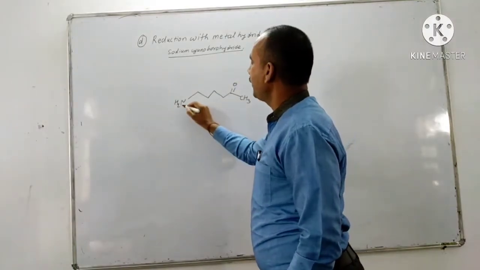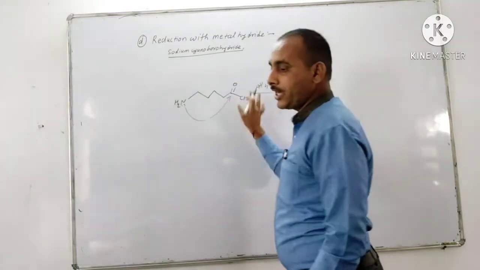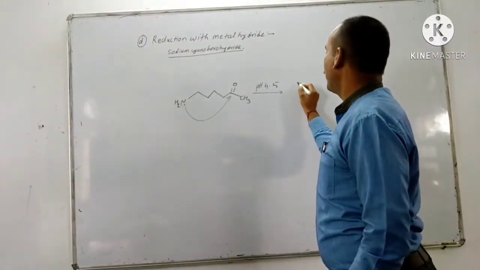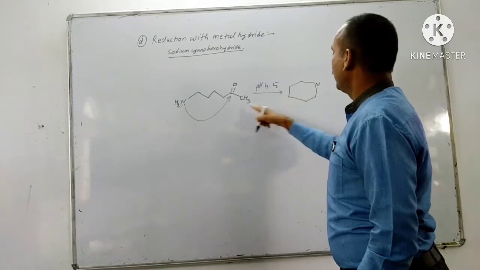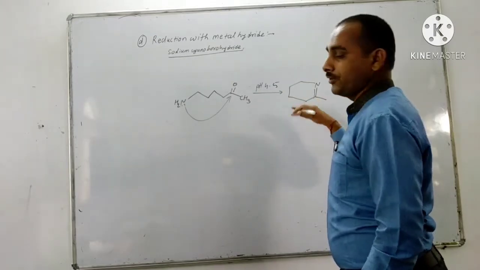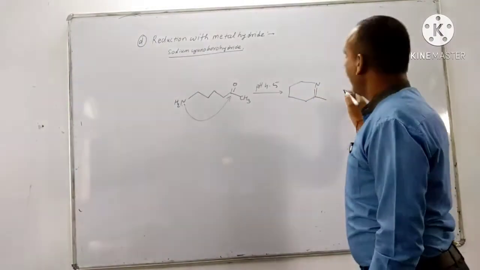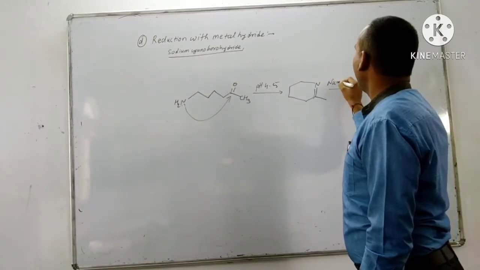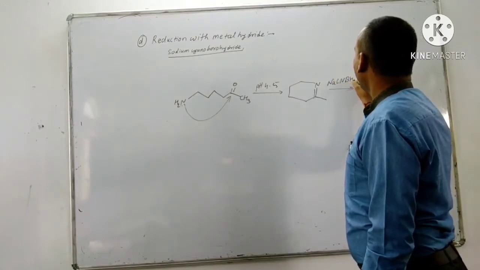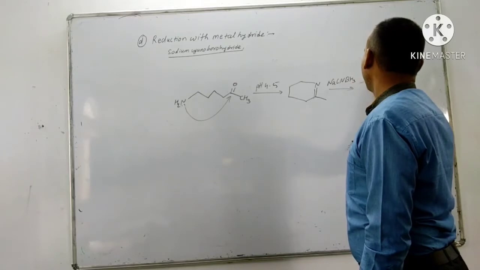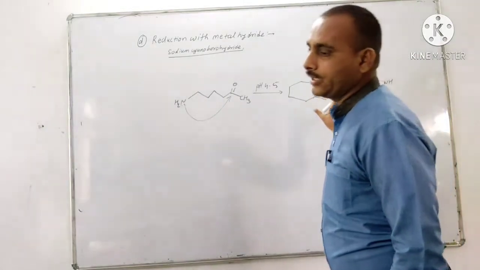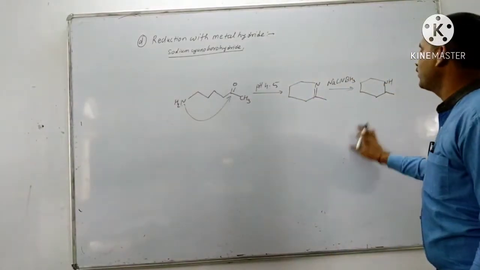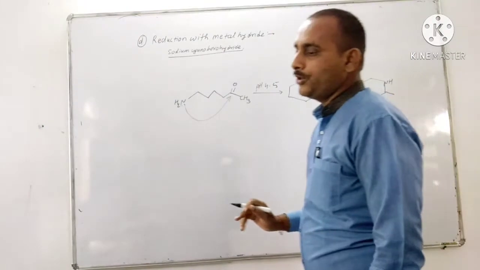Now in this pH there is a cyclization of this carbonyl and there is formation of a six-member ring imine with CH3. This imine in presence of NaCNBH3 gets reduced to a cyclic amine with CH3. So this cyclic amine formation takes place from the sodium cyanoborohydride.